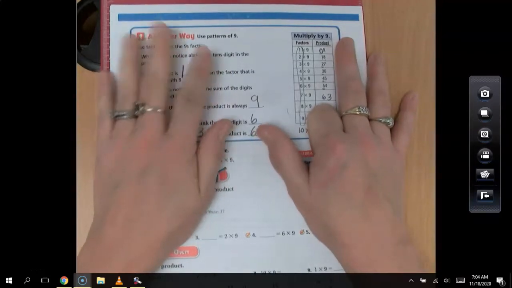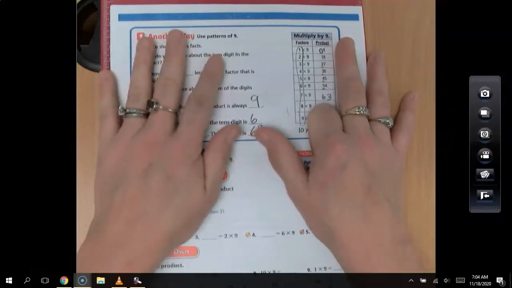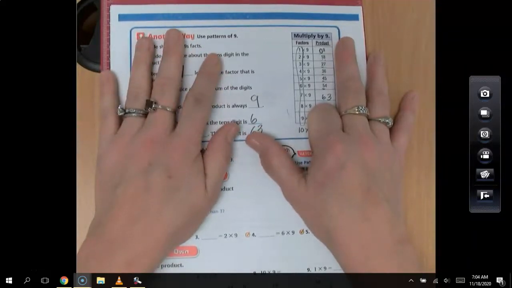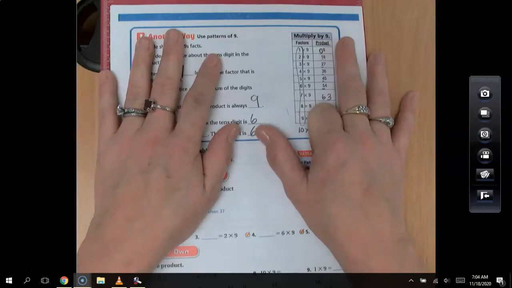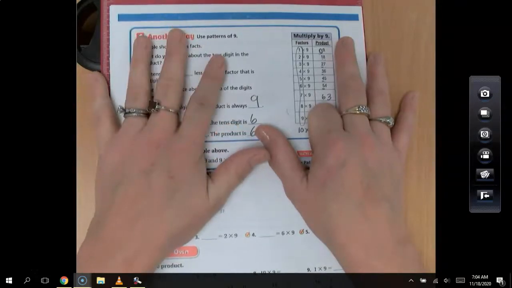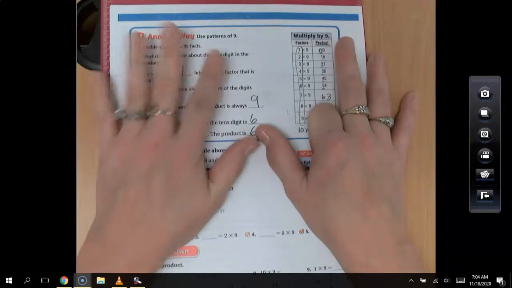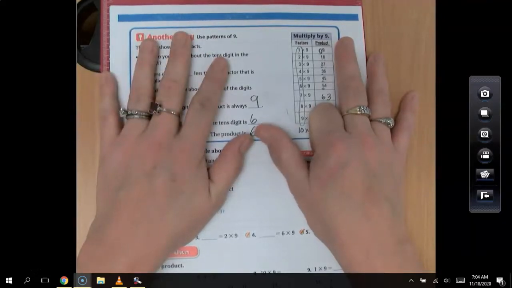So let's count how many fingers I have up on the left side of my stop sign. Well, I know I have 5 fingers on a hand, so I have 5, 6. So my first number in my product is going to be 6.